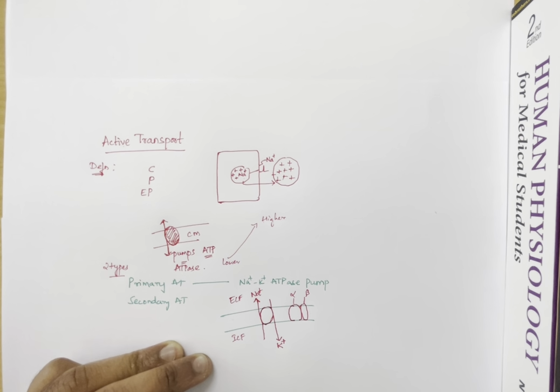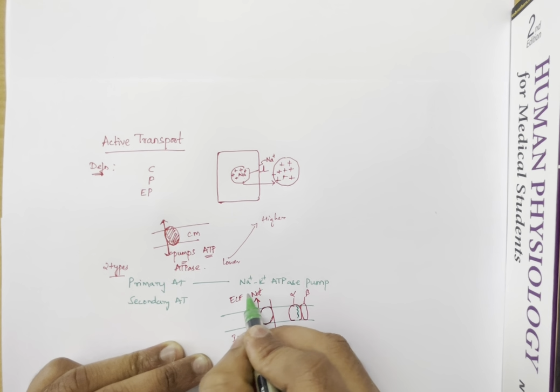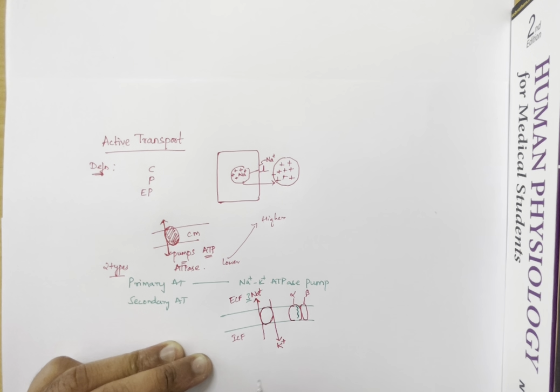In this alpha subunit, there are binding sites for sodium ions. 1, 2, 3. Three sodium ions can bind and three sodium ions can be pumped. And also there are binding sites for 2 potassium ions, and also there is a binding site for ATP.